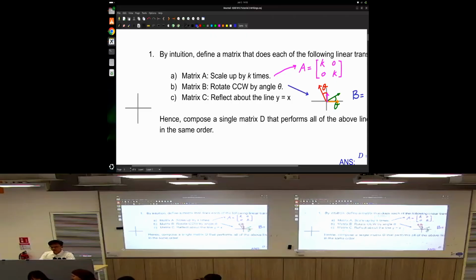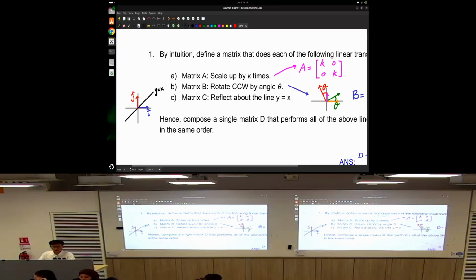So you can see that I must be reflected about the line y equals x. But where is y equals x? It is just this line. If you reflect I over y equals x, then it becomes j.